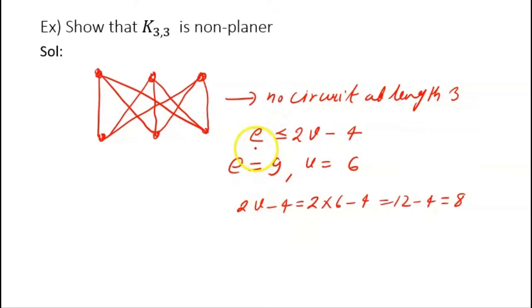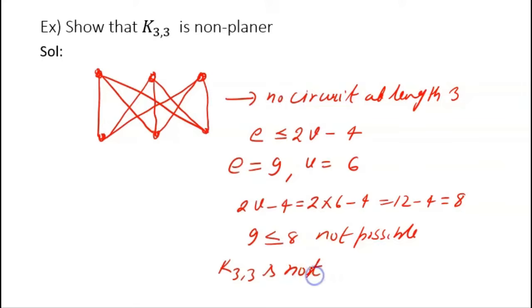And here it requires that 9 should be less than or equal to 8. Not possible. So we can conclude from this corollary that K33 is not planar. Okay? Okay, let's move.